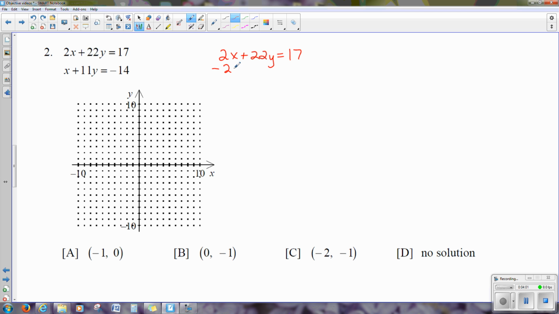So now when we subtract 2x, remember our goal is to be getting y by itself. We have 22y equals -2x plus 17. And then we divide them both by 22.